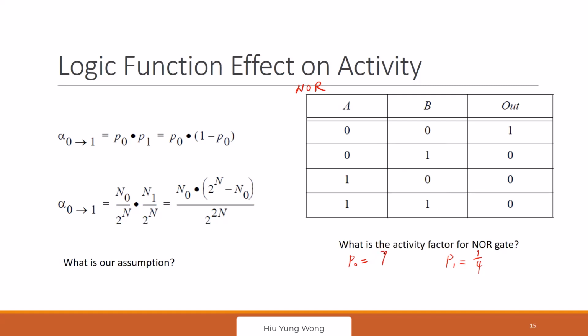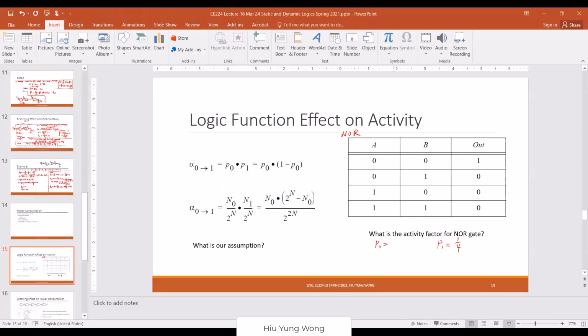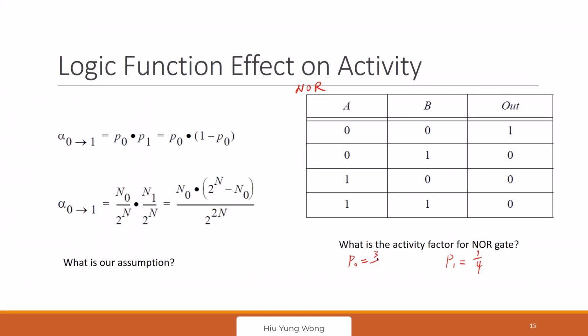Thank you. 3 over 4, right? So what is the switching activity probability? It is only 3 over 4 times 1 over 4, which is 3 over 16. It's not really a half or not even 1, right?